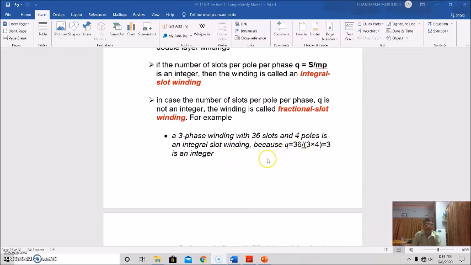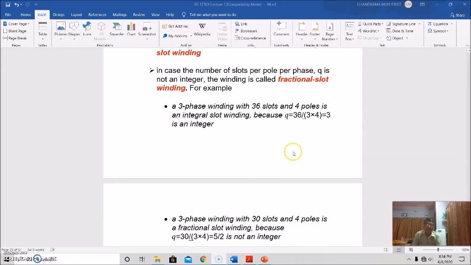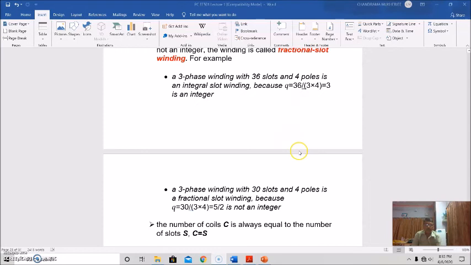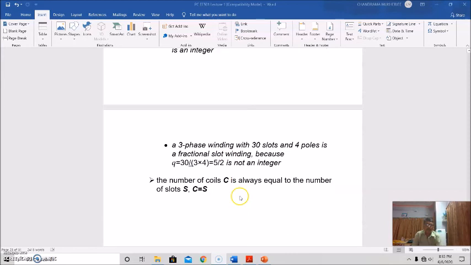We have taken an example of a three-phase, 36 slot, four pole machine. We find when it is called integral slot winding and when it is called fractional slot winding. If the slots are 30 on the same four pole, three-phase machine, it will be fractional slot winding.